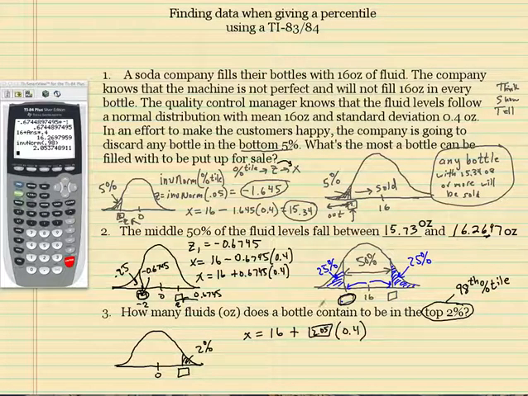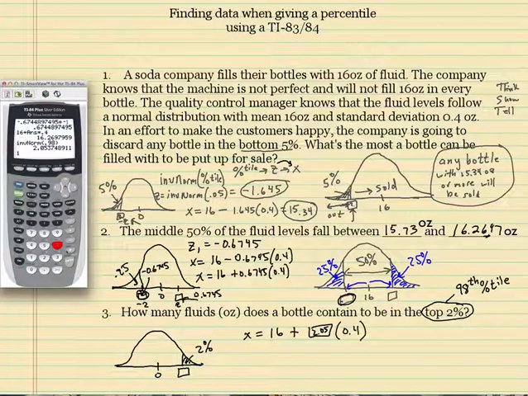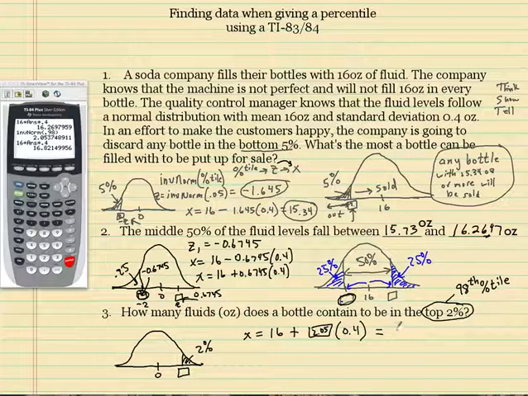In your calculator, you never want to round before your final step. 16 plus, let's put that answer in there, times 0.4, equals 16.82.